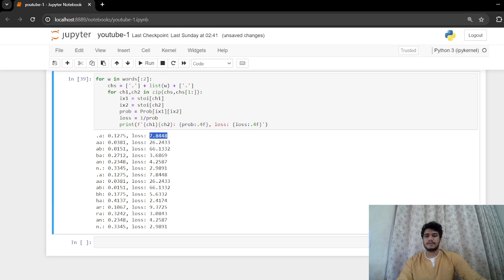Now if you look at the loss here, this is 66 somewhere, 3 somewhere, which is quite nice, because if this is 0.01, this is a very wrong prediction by our model. So that's why the loss is quite big. And for the 41%, you can see the loss is very small, 2.4.